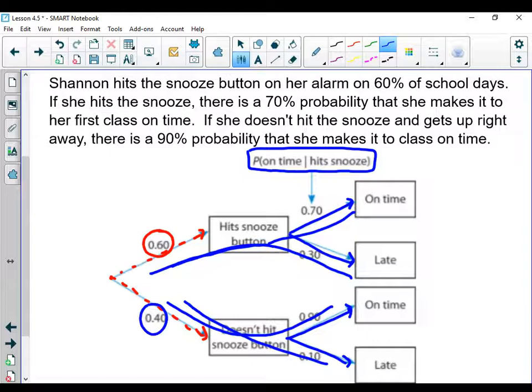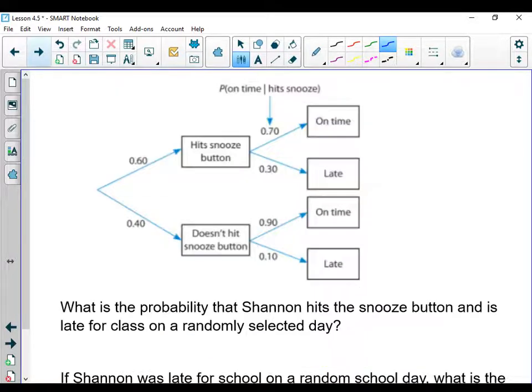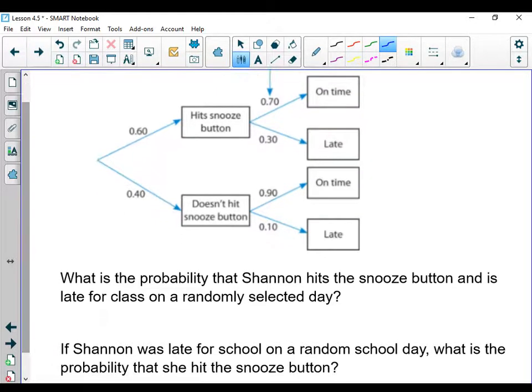All right, well, let's use this tree diagram to find some probabilities. So here's that same tree diagram. And we're asked, first of all, what's the probability that Shannon hits the snooze button and is late for class on a randomly selected day?